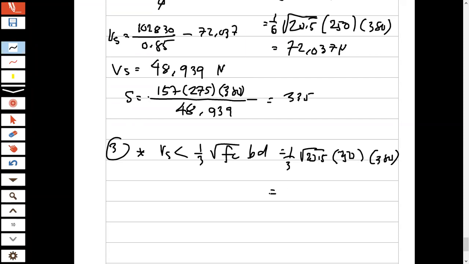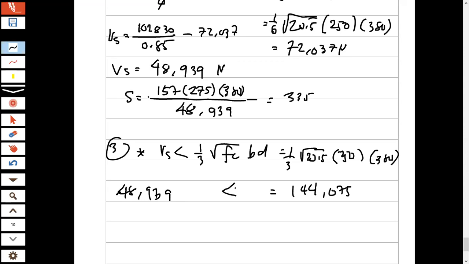Calculate. 144,075. Yung VS natin is 48,939. Okay? So, less than talaga.